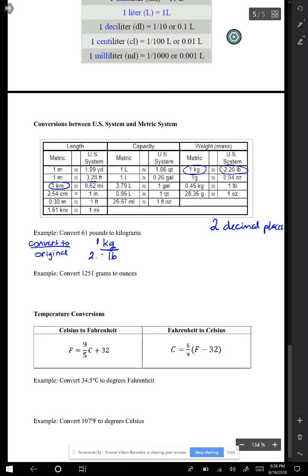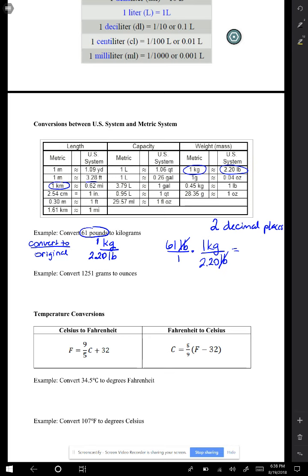So 1 over 2.20, and that's what I'm going to multiply by. I'm multiplying 61 pounds by 1 kilogram over 2.20 pounds. So the pounds would divide out, and I end up with 61 divided by 2.20.